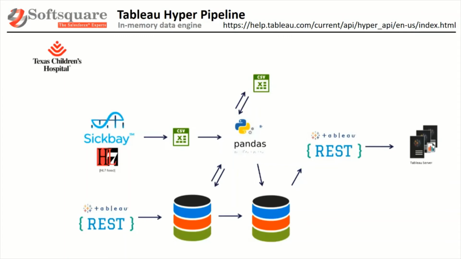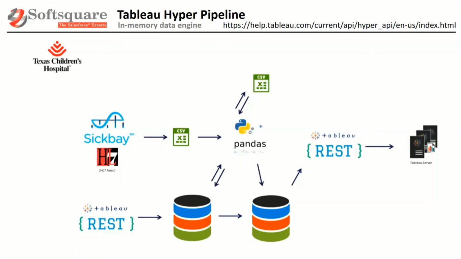And once you've created these Hyper files, right? These are data structures. Once you've created these data store and data structures, how do you get it to Tableau Desktop? If it's Tableau Desktop, you can just open up Tableau and say data source and just click on that Hyper and it'll load it into Tableau for you.